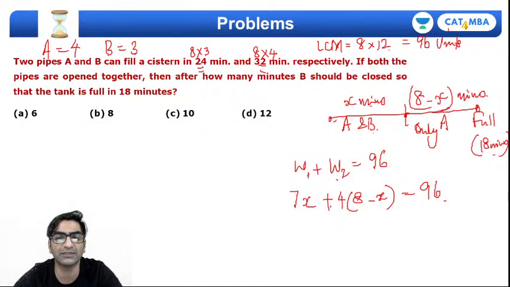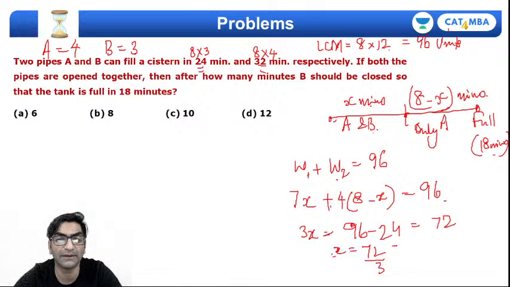Right? So 7X minus 4X is 3X, but 8 into 3 is 24, so 96 minus 24 is like 72, which means you can say that X will be 72 by 3, that's 24 minutes per day.